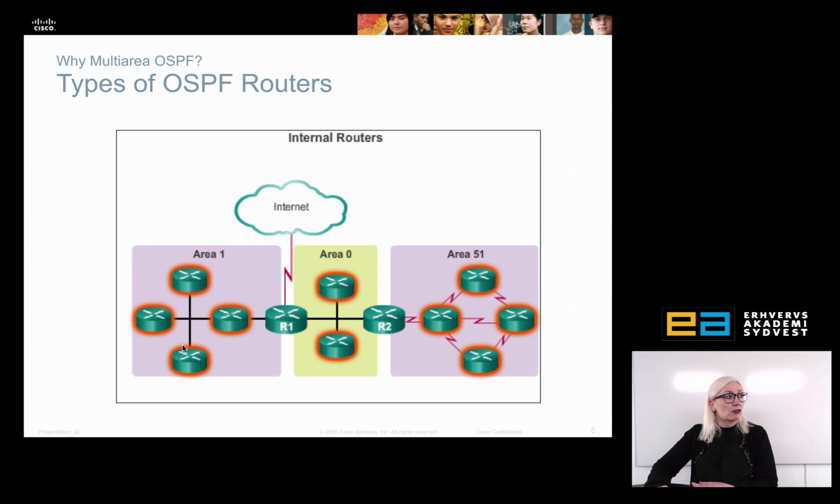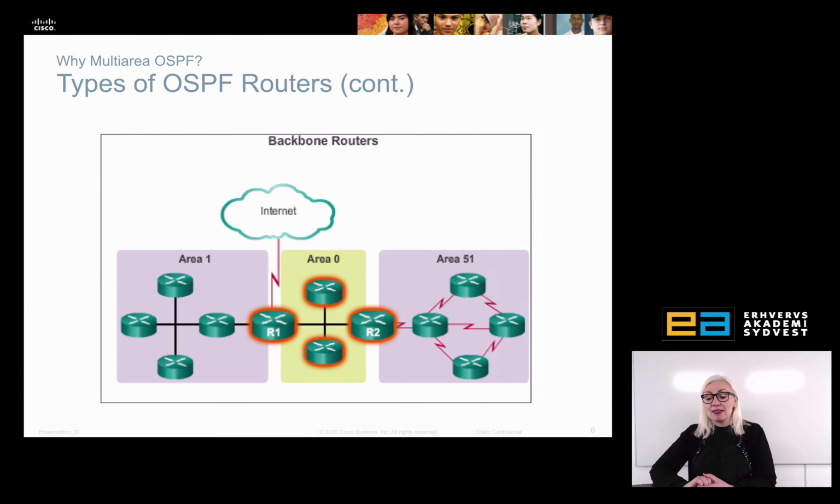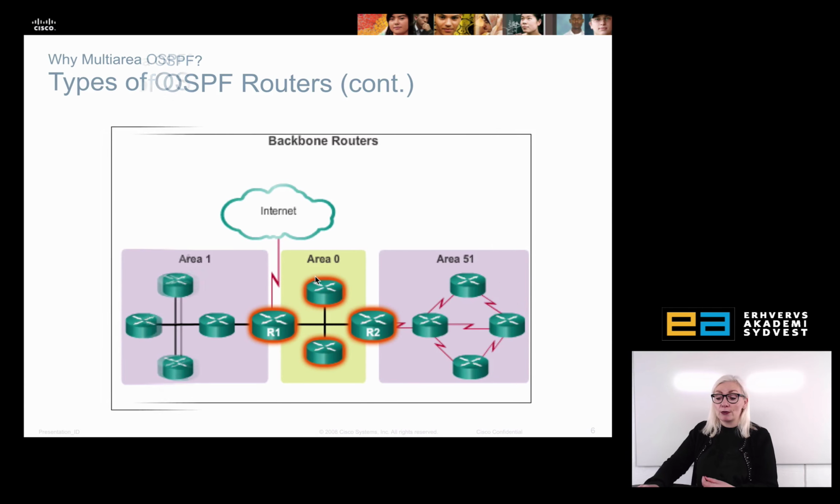They are just a part of the different areas, for instance, area 1, area 0, area 51. Then we have the backbone routers. These are all the routers that are connected within area 0. So all the routers, also the internal routers in area 0, are called backbone routers.